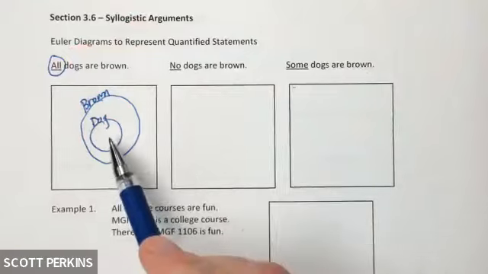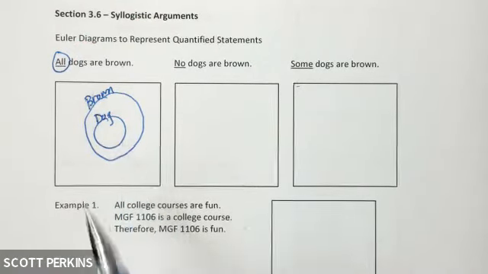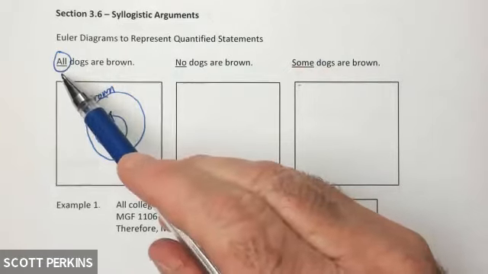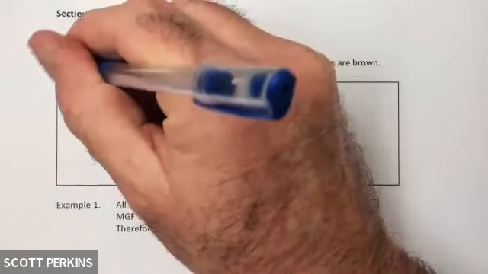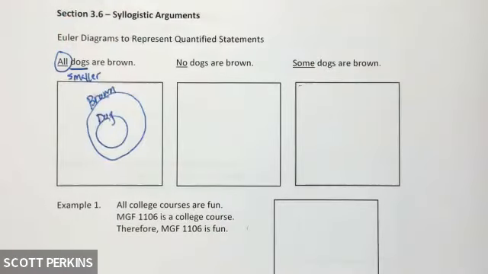So this now says if you have a dog and it's in that circle, it has to be brown because that's what that statement said. So in general, whenever you see an all statement, whatever comes right after the word all, that's going to be the smaller circle. That's going to be the one that's inside.